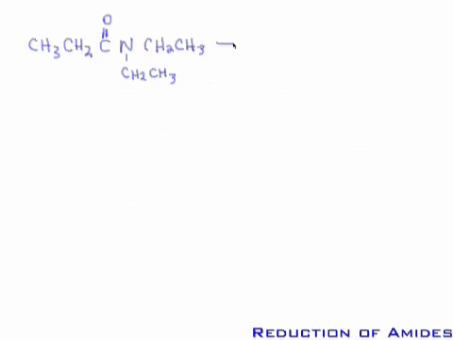I use the exact same reagent as I did in the nitrile case. Lithium aluminum hydride, and H2O. And essentially what happens is the C double bond O disappears and it becomes a CH2.